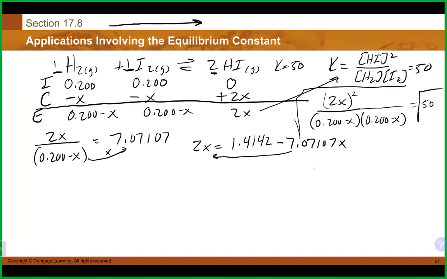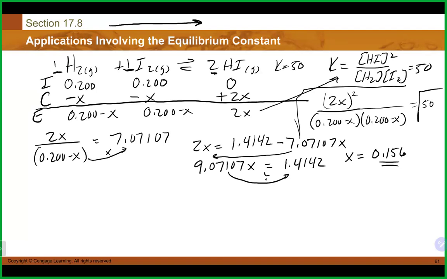Adding that back to the other side is going to give us 9.07107x equals 1.4142. Dividing here to finish it out, we get an x value of 0.156 in this case. First off, any questions on that?